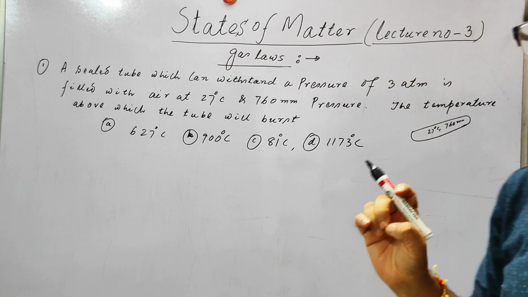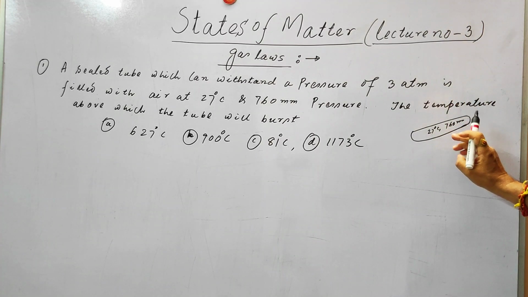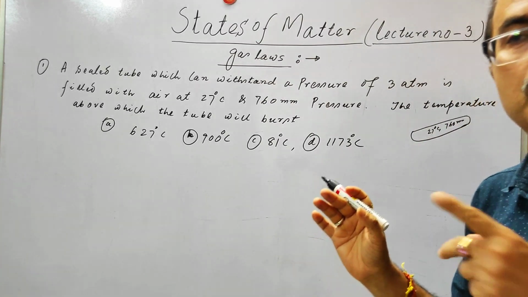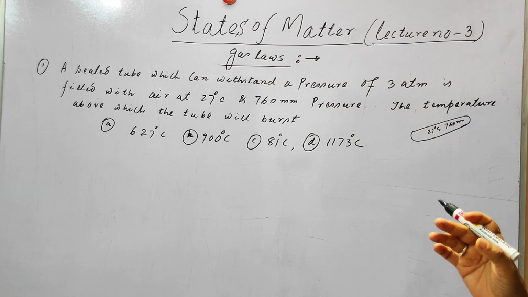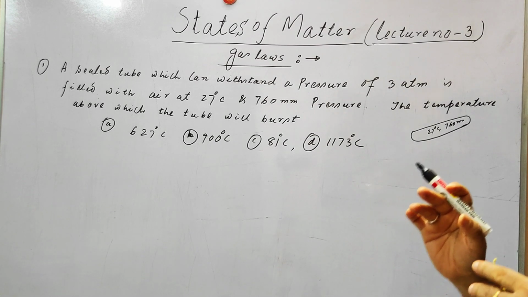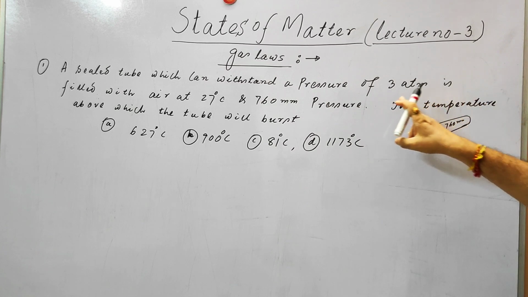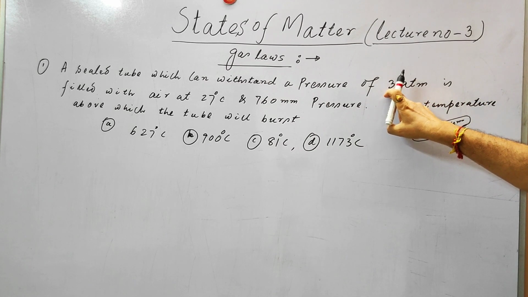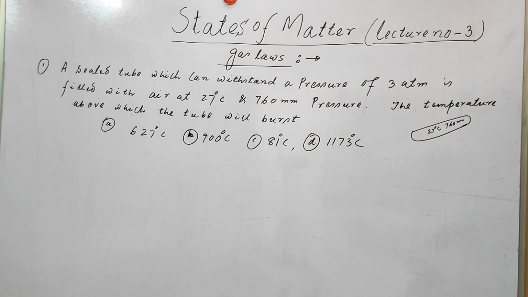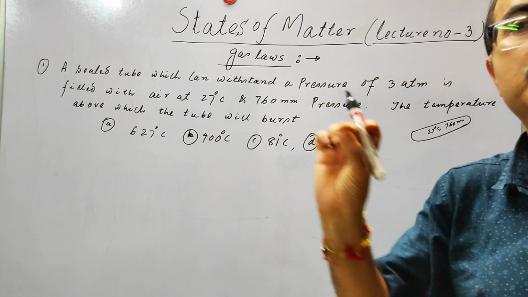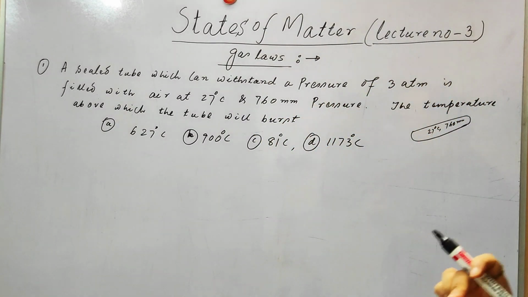How will the tube burst? Now as we increase the temperature, the pressure will increase, as we already understand from Amonton's law. A time will come when the pressure will be above 3 atmosphere, because this sealed tube can withstand 3 atmospheric pressure only.